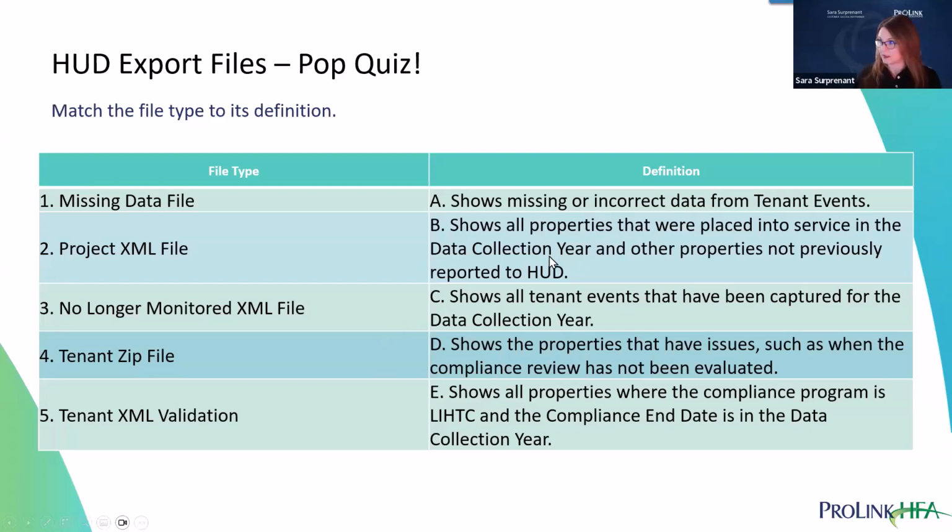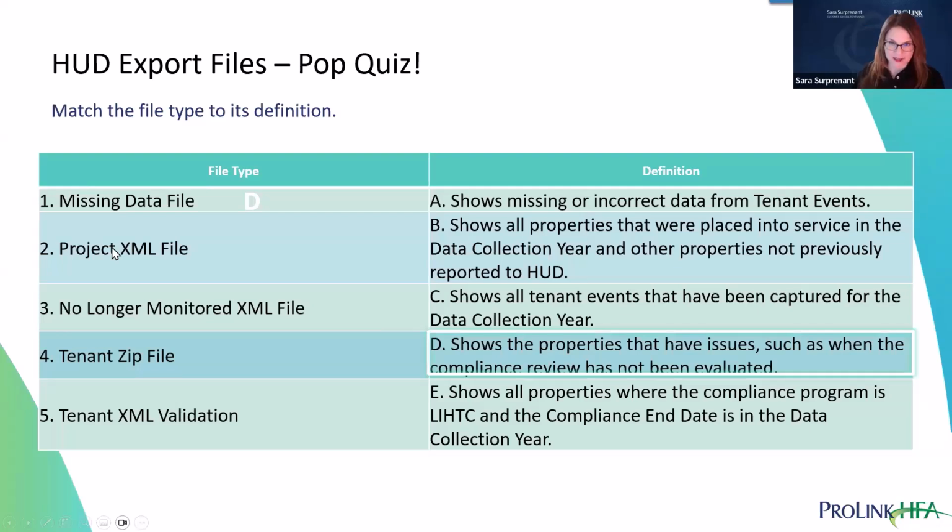So what does one match up to when you look at these definitions, the missing data file? The answer is D. It shows the properties that have issues, such as when the compliance review hasn't been evaluated.